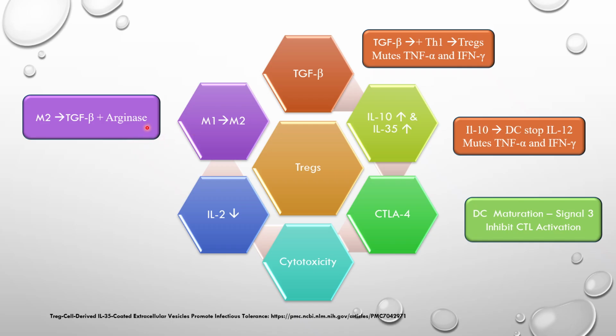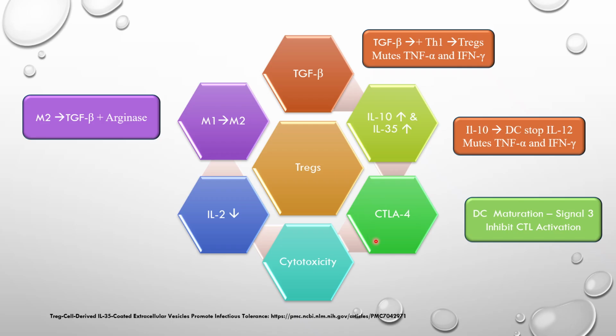Arginase is an enzyme, and it works normally, I think, in the liver, but in the tumor microenvironment, it basically uses up arginine, and T cells need arginine to build their CD3 zeta chain. So I'll talk about that in some of the next slides. So it works against the whole of this microenvironment, works against the body's immune system.